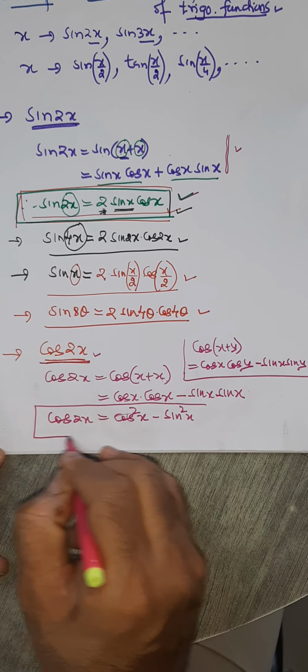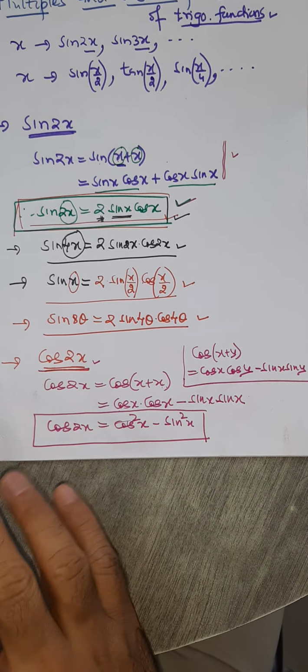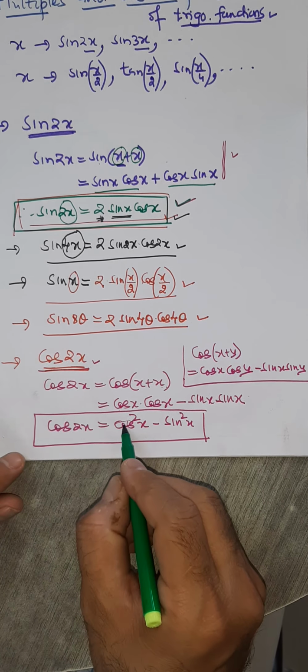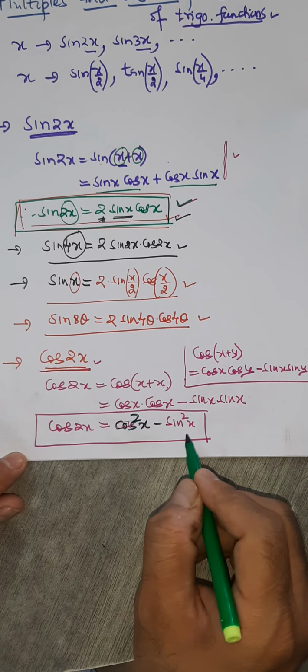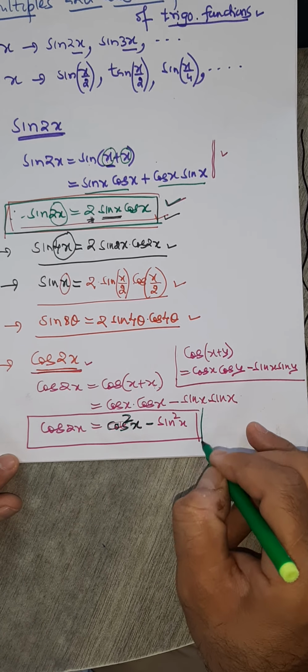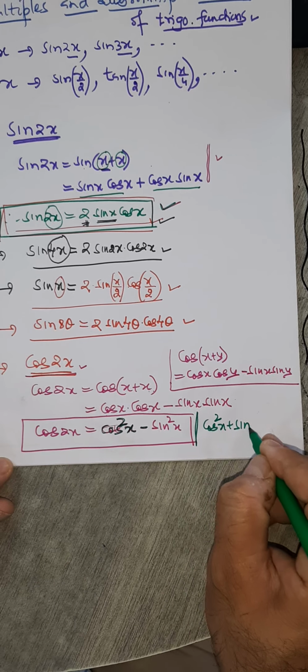So what is cos 2x? Cos 2x is nothing but cos square x minus sin square x. If you put plus, it becomes 1. Remember, there's a difference. What is cos square x plus sin square x? It is 1.